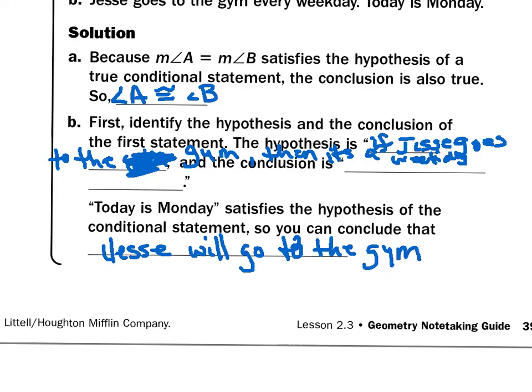Now I kind of wrote this backwards from what they did, so you might have caught this. Today is Monday. It's not really my hypothesis up here. My hypothesis I wrote was if Jesse goes to the gym, then it's a weekday. So they wrote it backwards. Okay, a little bit confusing. I'm sorry.